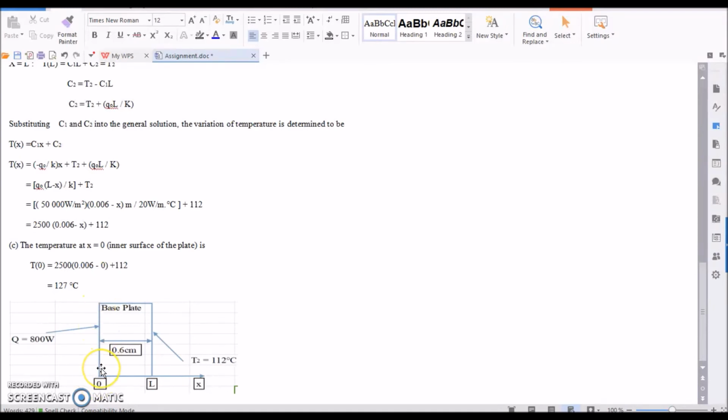At this side, if you want to find the temperature based on x, it is equal to 0. So, just take this equation, then we put the boundary condition as x equals 0, then this x will be 0, then we solve straight away this equation, and we will get T1 equals 127 degrees Celsius. That's all.